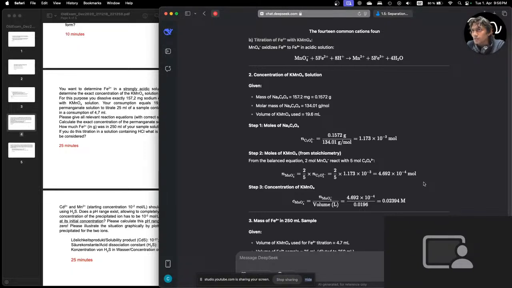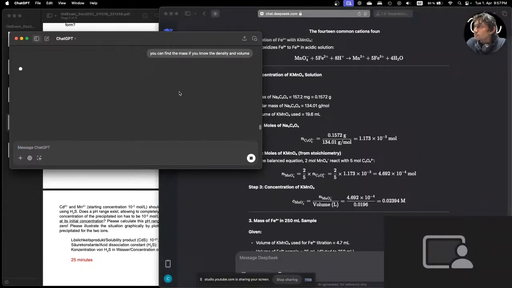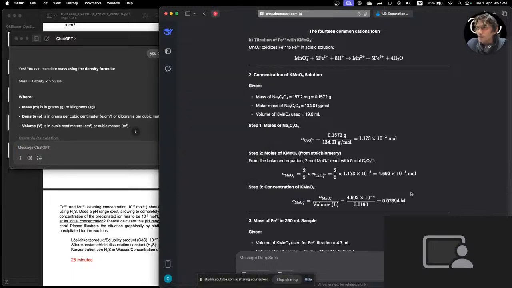Or you can find it through the density, but we don't know the density, so we can just convert it from stoichiometry.